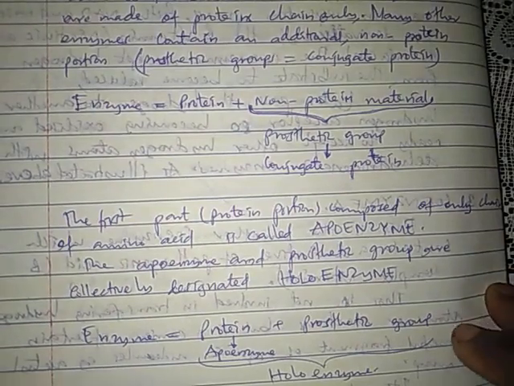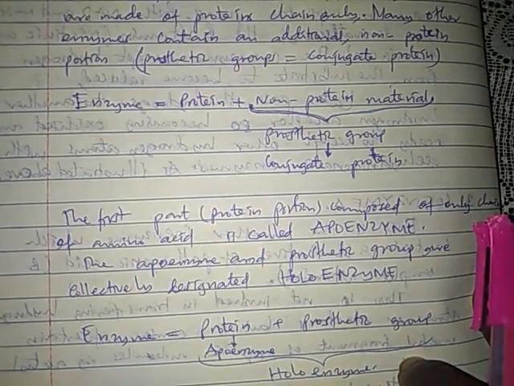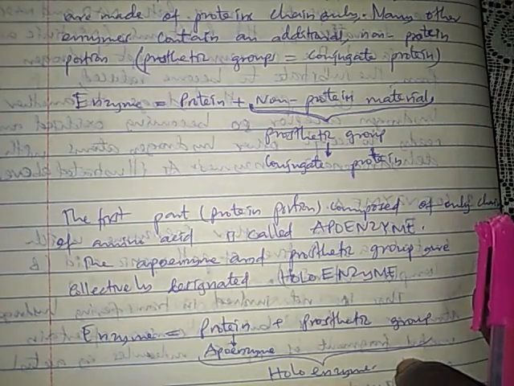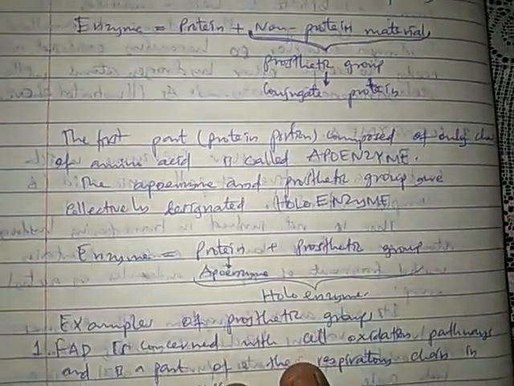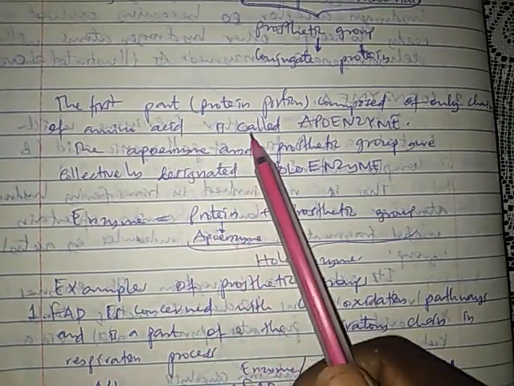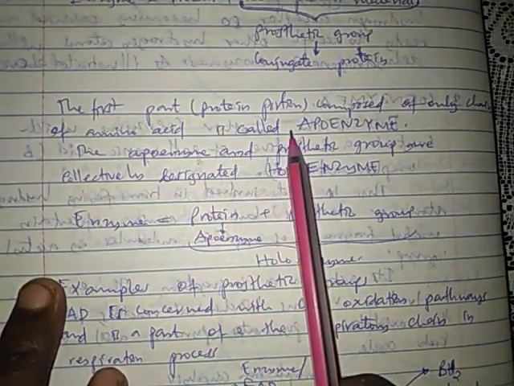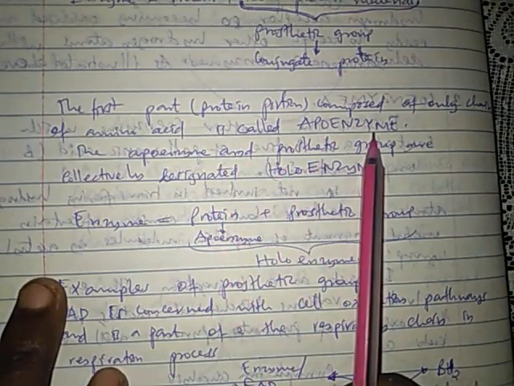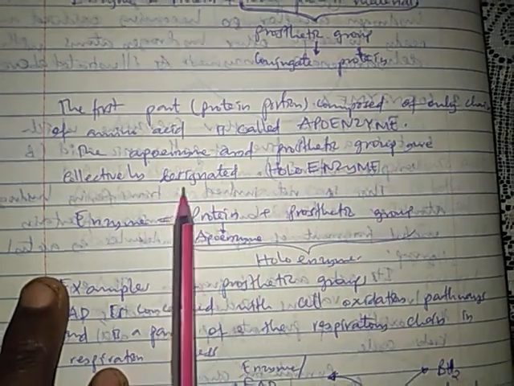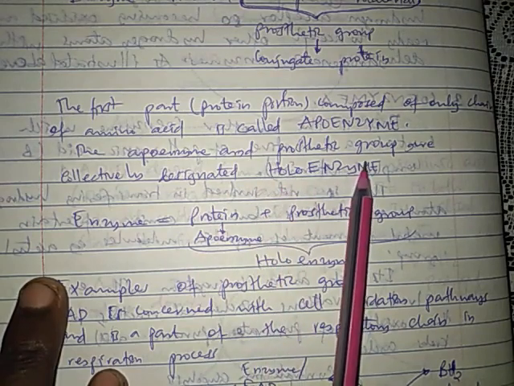Now the major difference between prosthetic group and coenzymes is that coenzymes, they do not bind to the enzymes, while prosthetic group, they bind to the enzymes permanently. Now the first part, which is protein portion, composed of only chain of amino acids, called the apoenzyme, and the apoenzyme and the prosthetic group are collectively designated holoenzymes.